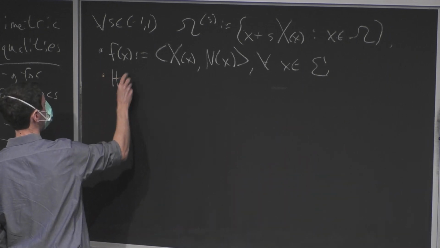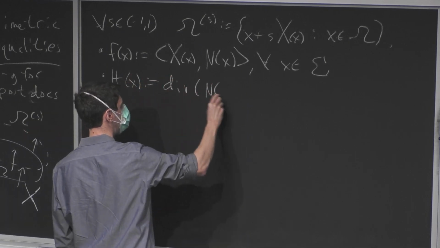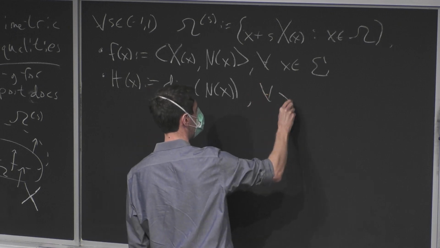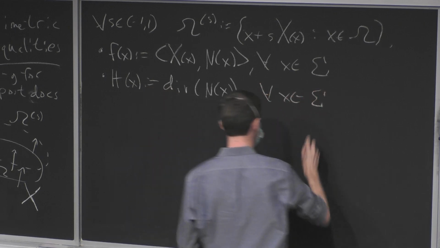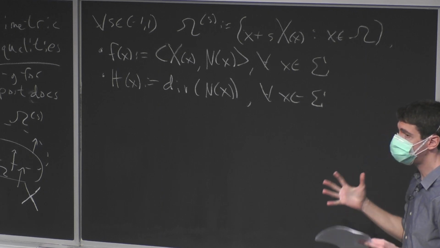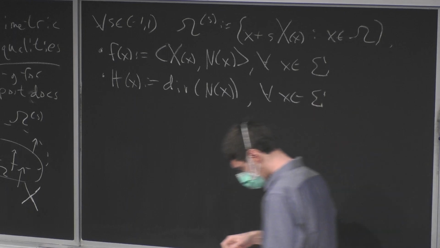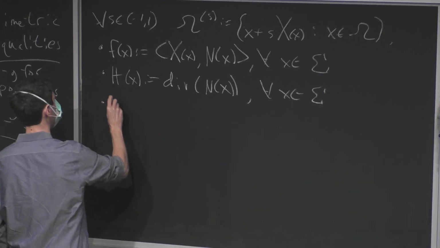Let's see what else. So I think I'm going to need the mean curvature. So we're going to define that as the divergence of the normal. So in particular, the mean curvature of a sphere will be positive and constant. Let's see.